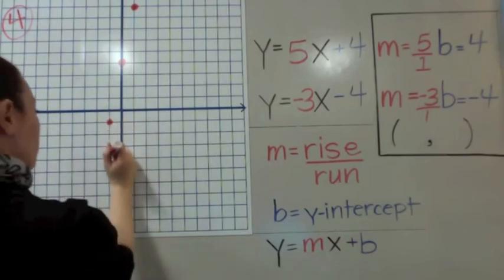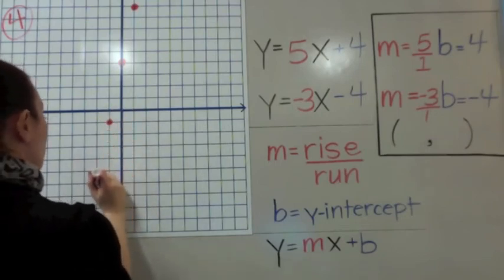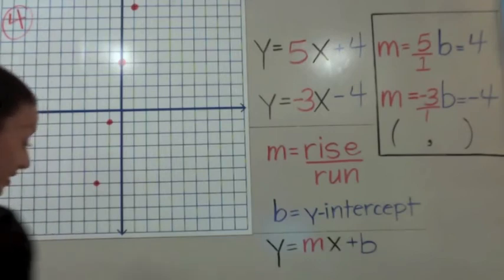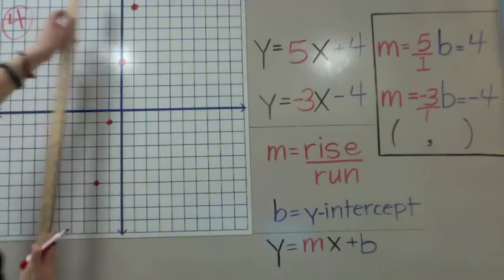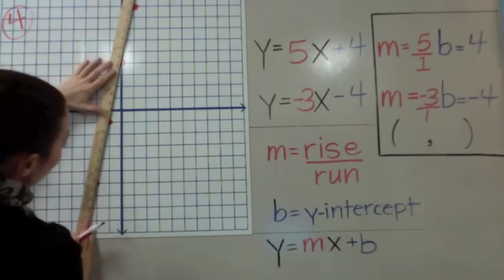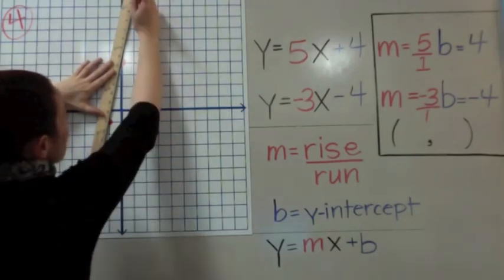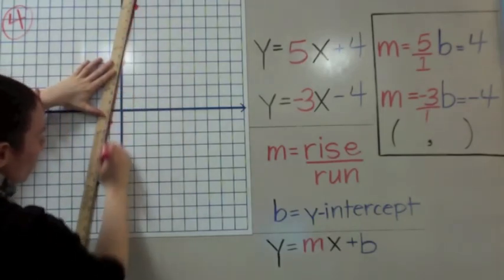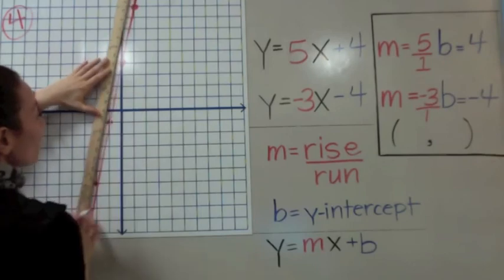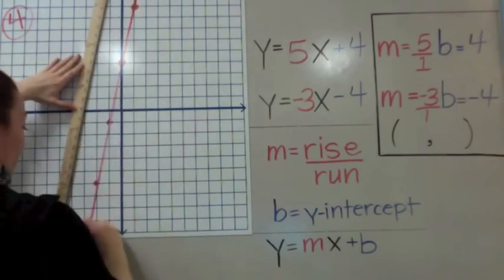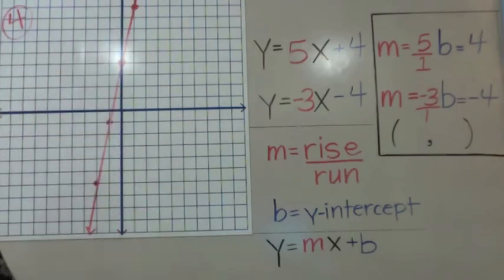Down 1, 2, 3, 4, 5 over 1. We'll stop there. So this line is a positive slope. It's also very steep. It almost looks like it's undefined because it is approaching infinity. There we go.